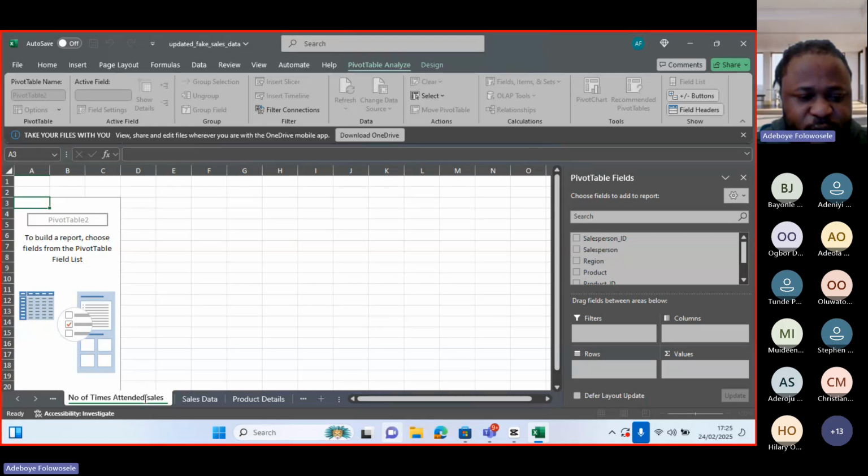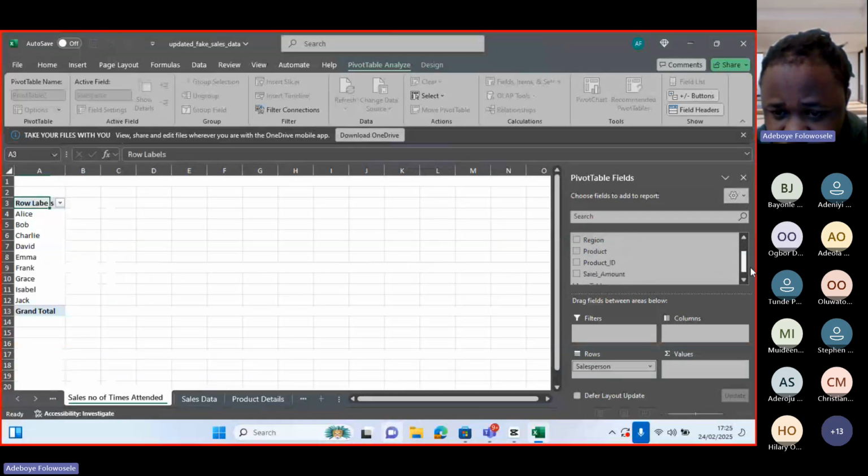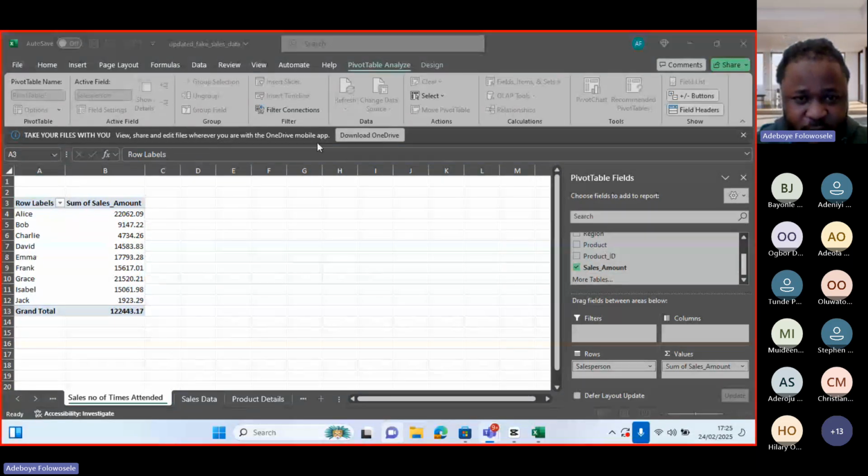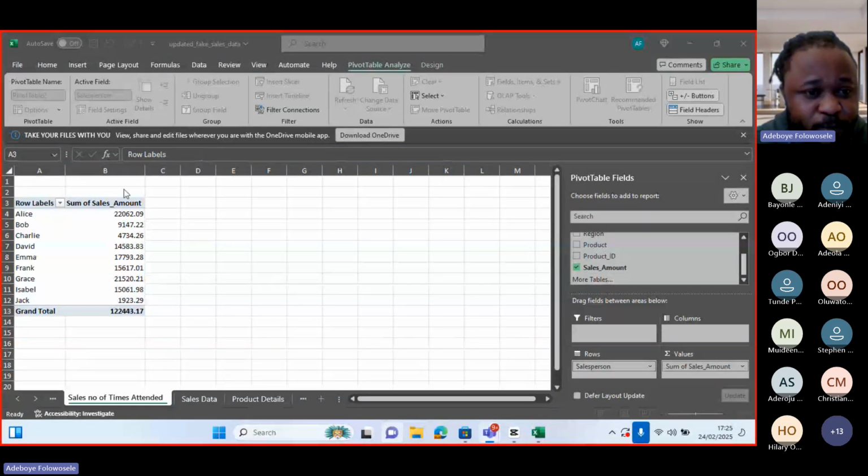Or let me change it to sales number of times. So we have the salesperson, then we have the sales amount, but it's not the amount that we want to know.